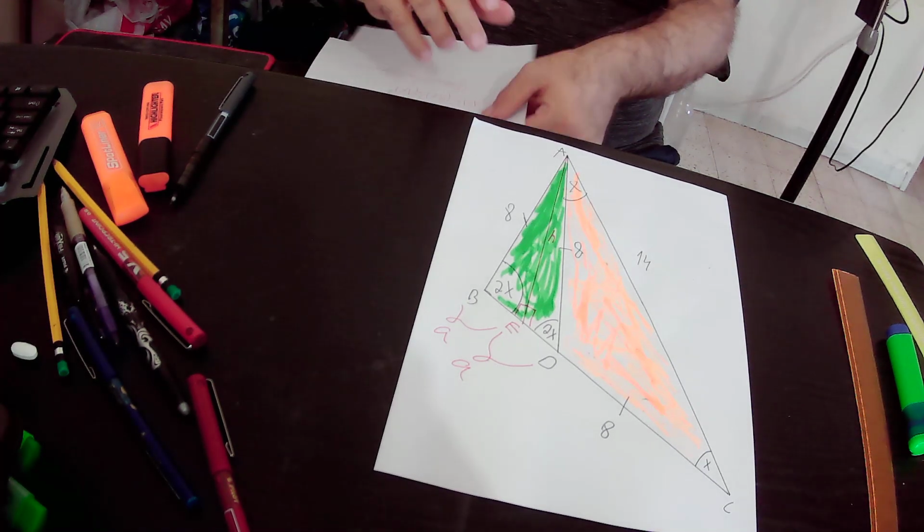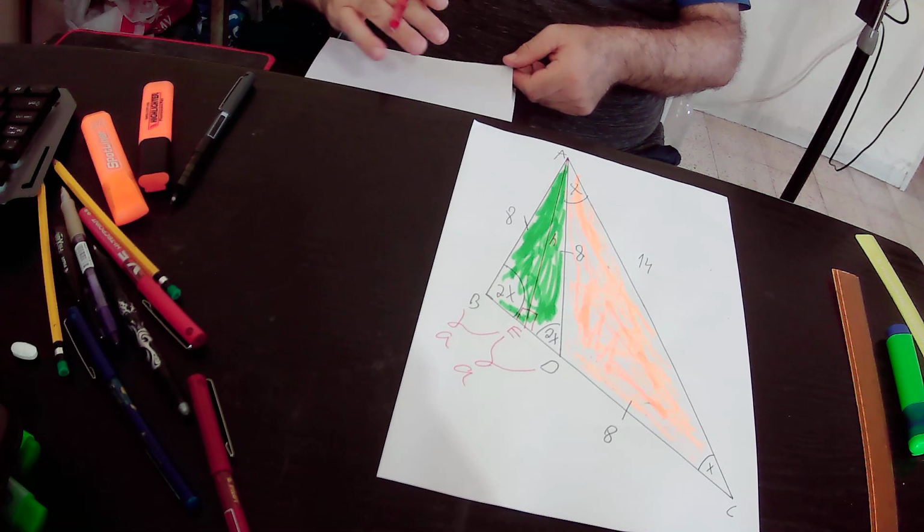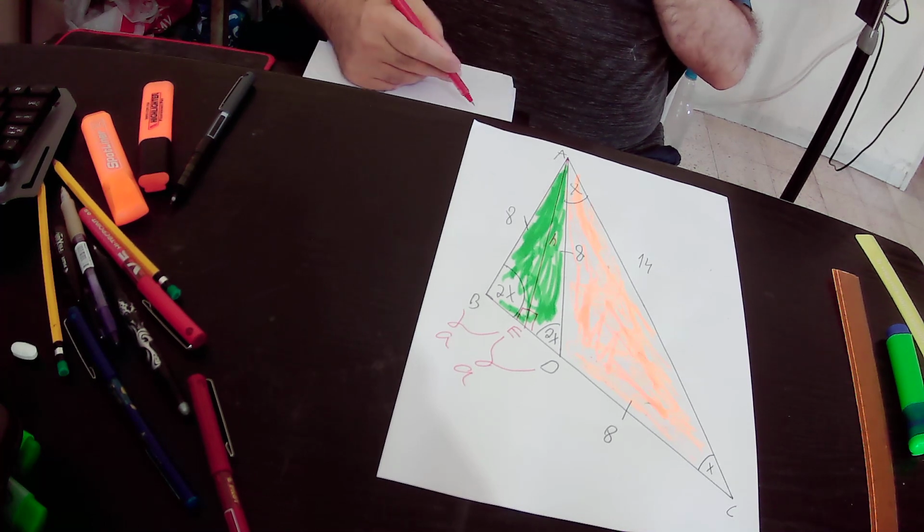But what is the value of AB? AB equals 8 units. It is given in the question.